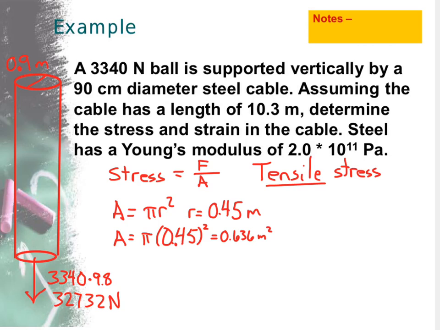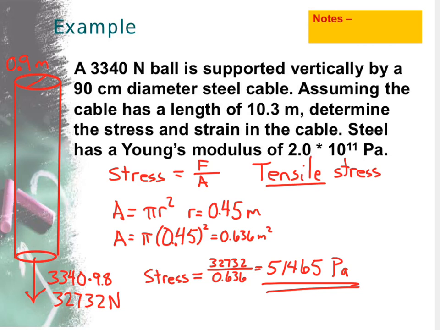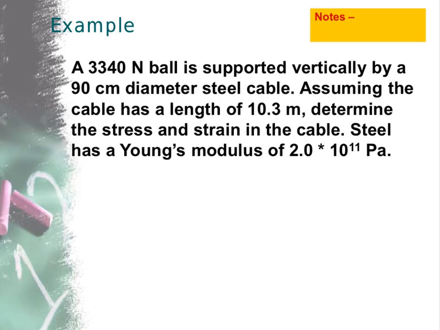So I'm going to take my force, 32,732, divide by 0.636, and I am going to get a stress equal to 51,000 something pascals. Okay, that was just the stress. Now I want to calculate the strain, but since I ran out of room, I need to go to a new slide, but you don't have to.